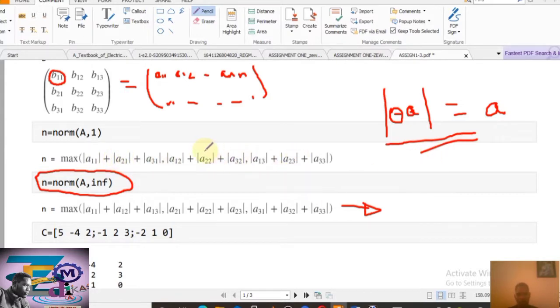So you have two things: in this case you have to sum up the column here, and in the infinity form you have to sum up the row here. So you take this for the infinity case, and you will take the row matrix in the column matrix summation for this case.